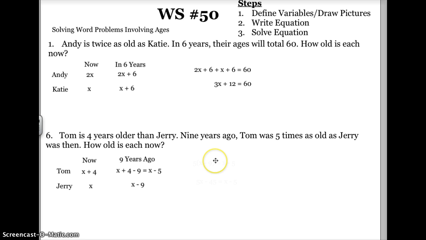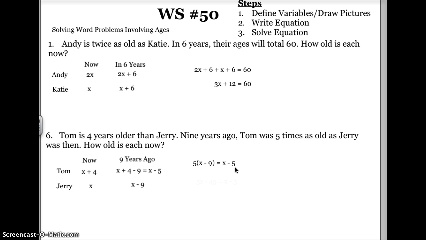Now, let's see if I can solve this problem. Since Jerry is younger than Tom, what I'm going to have to do is multiply his age by 5 to get Tom's age. So I'm going to have 5 times x minus 9, which is Jerry's age, and that's going to be equal to Tom's age, which is x minus 5.